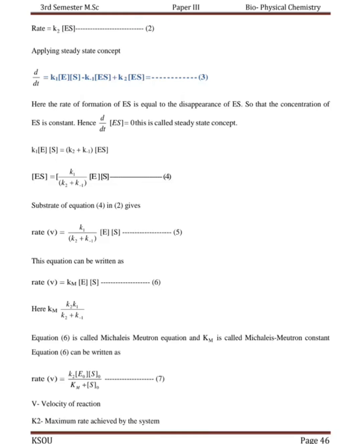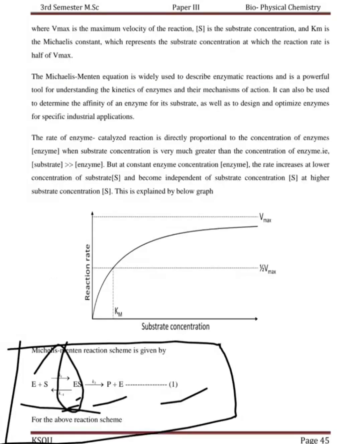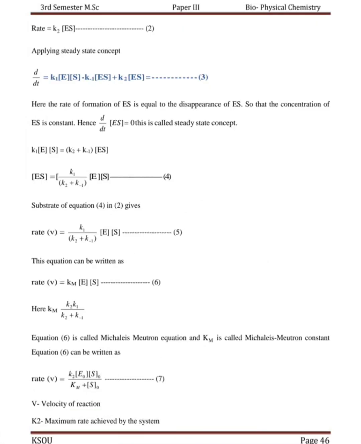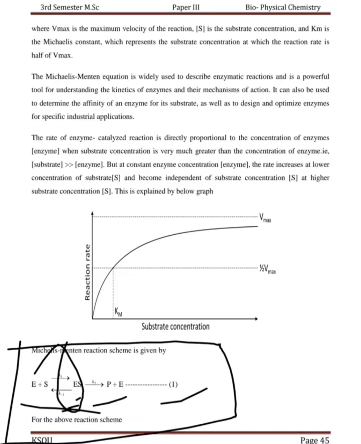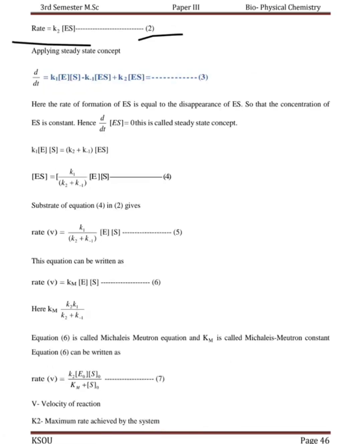Next, how are you going to calculate the rate? For the first step, the rate of reaction with K1 and K minus 1, you calculate product minus reactant. Similarly you calculate the rate for both steps. For the second step, rate is K2 into enzyme-substrate, which is the product formation. That is equation 2.